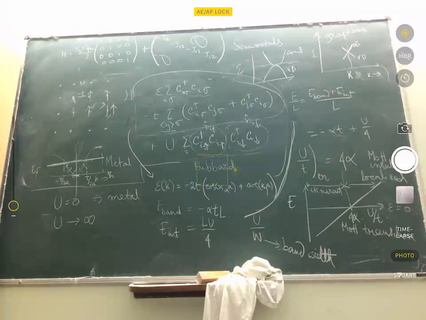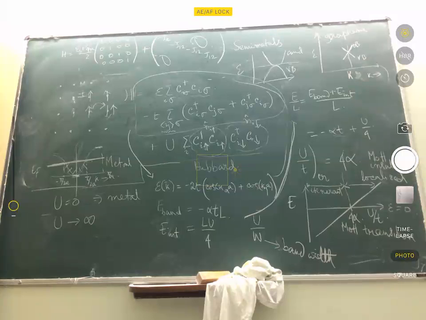More electrons means there will be high interaction. So if the density increases, yeah, the density increases. So filling is more than half.